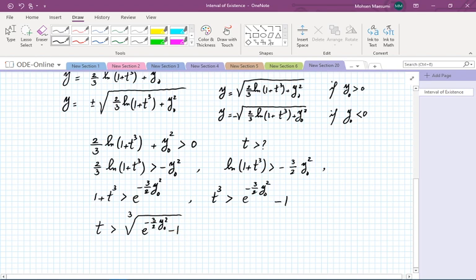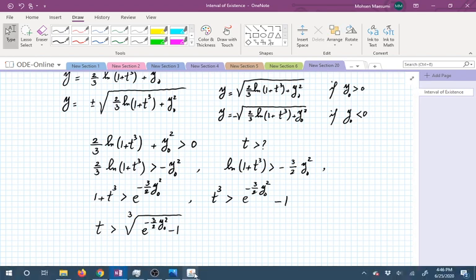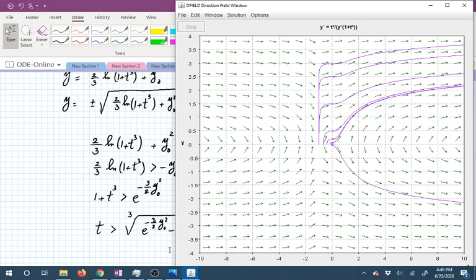So for example, if you want y0 to be 1, you calculate the exponential of minus 3/2, subtract 1, take the cube root of it, and that is where the t is going to start. That's the meaning of this little hook on this picture that we have.